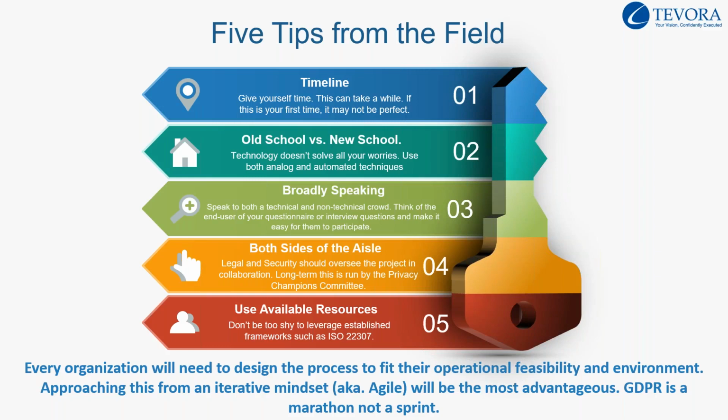ISO 22307 is a fantastic framework. It's geared towards financial systems, but if you look at it from a broad perspective, it applies to everything we're doing now, across different industries, organization types and services. So it's definitely something to be willing to look at.